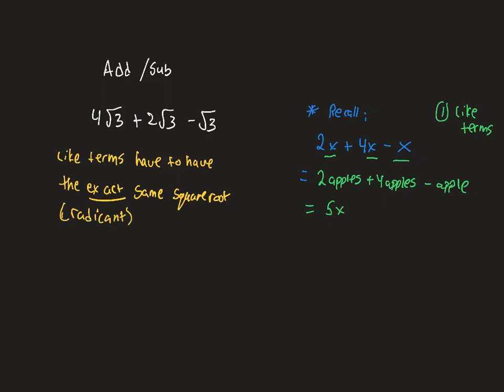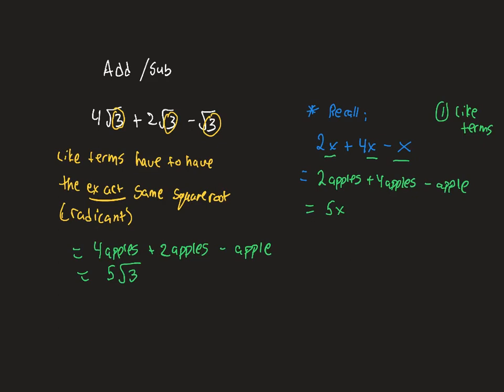So in this case, you can see square root of 3, square root of 3, square root of 3. So these are all like terms. Or I can say it's the same thing as saying 4 apples plus 2 apples minus an apple. Well, 4 plus 2 apples, that's 6 apples, minus an apple, that's 5 apples, or in this case, 5 root 3.